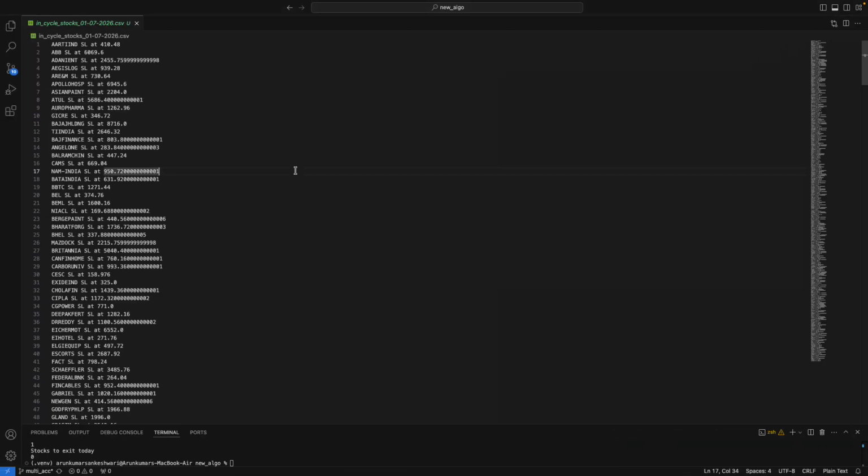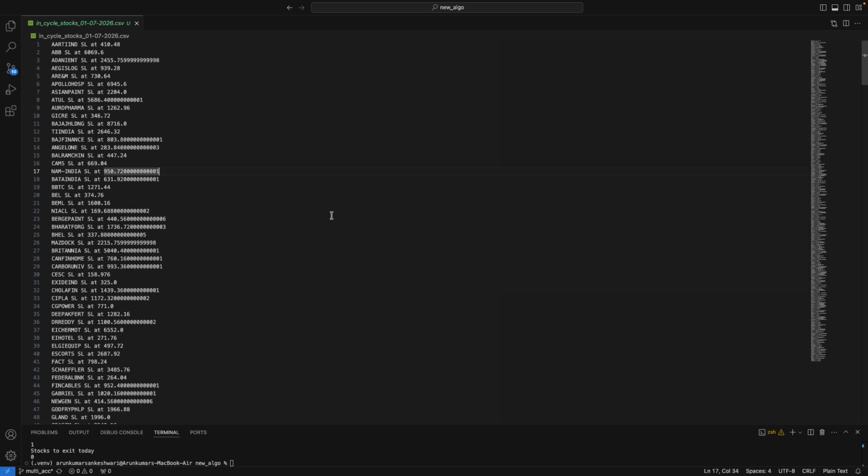When I printed the list of stocks that are in cycle, and if you see my previous videos you will understand what in cycle is, these are basically stocks that are trading 20% above their recent low. So they have already bounced 20% and they are in.